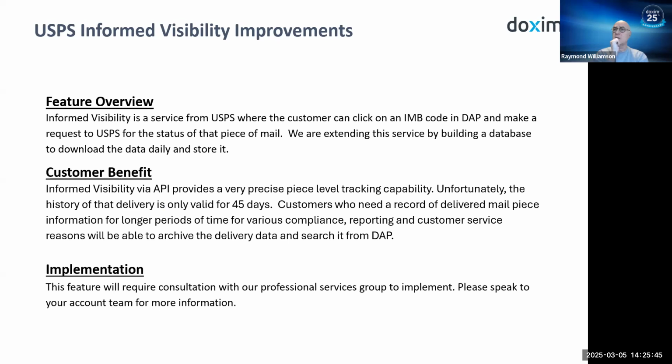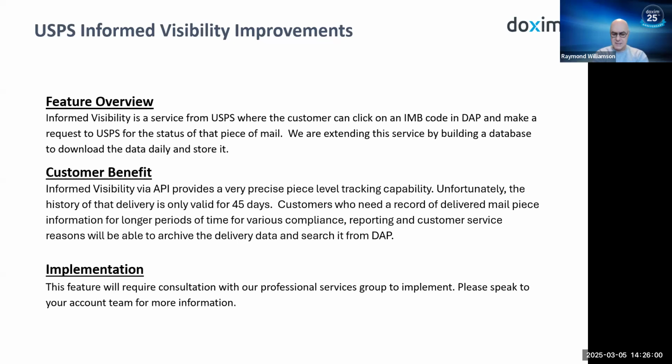This feature is probably the largest feature we're going to roll out in the next release. We've had a lot of response and a lot of request for what we're calling informed visibility.